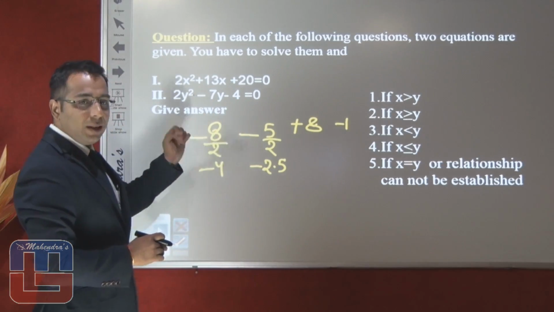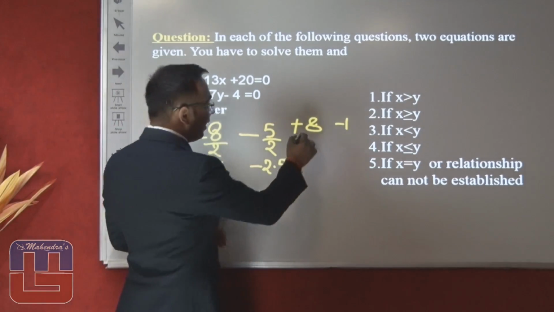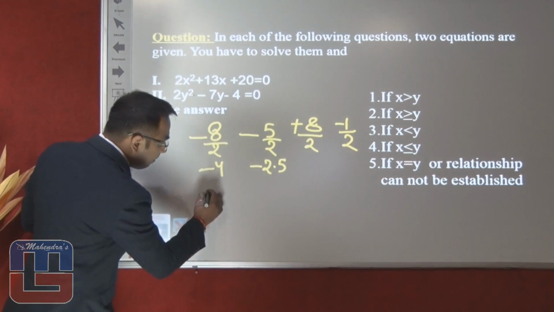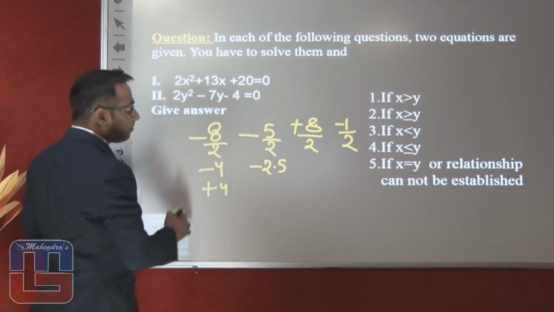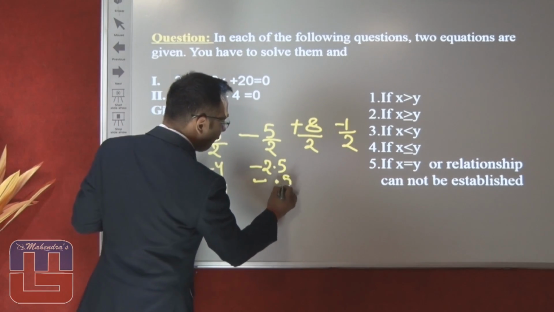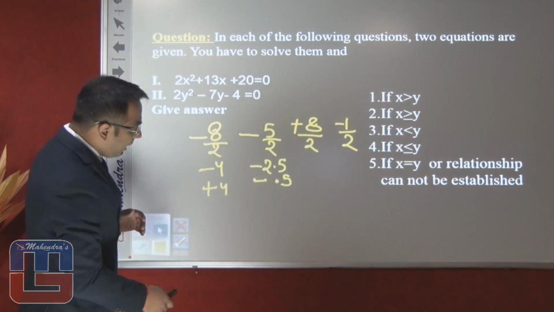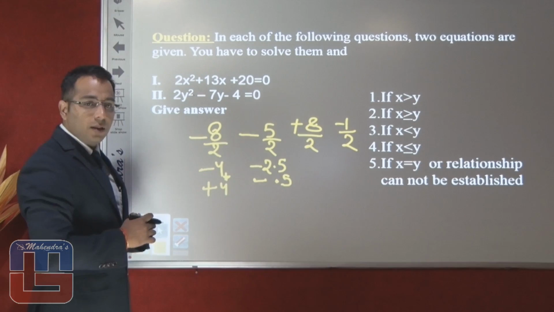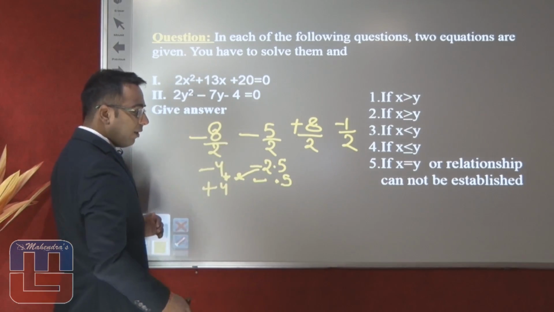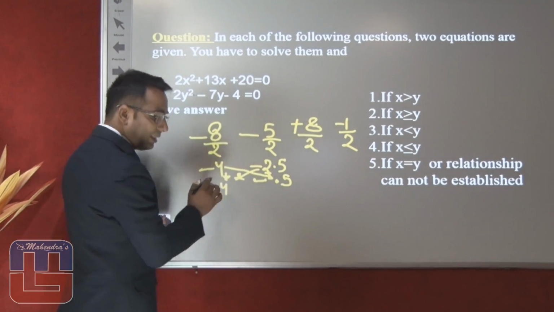And we have 2 with the square term, so we will divide this value by 2. Now the roots are plus 4 and minus 0.5.